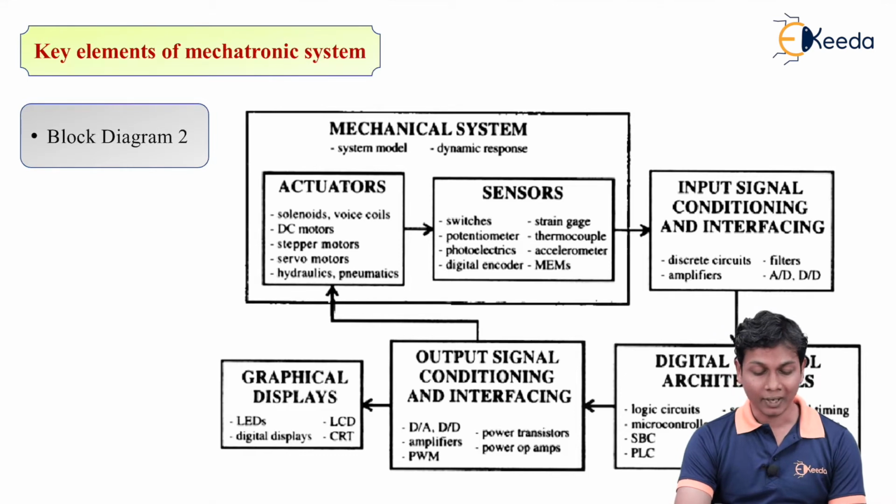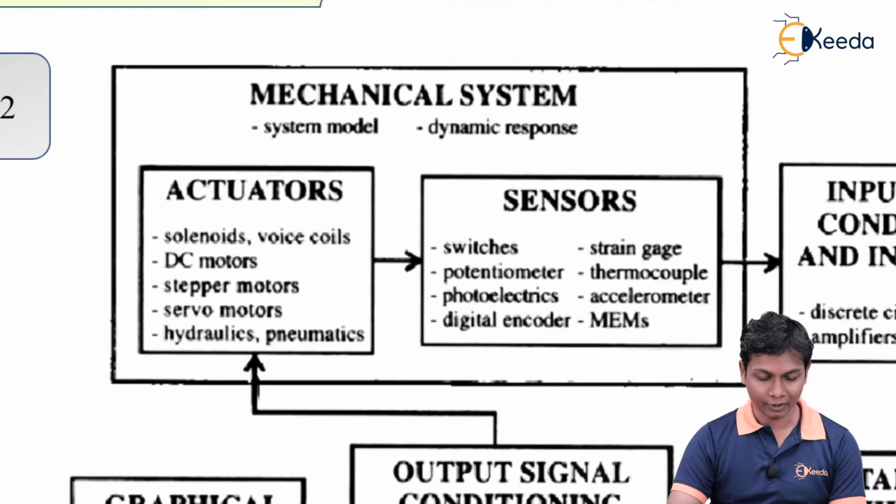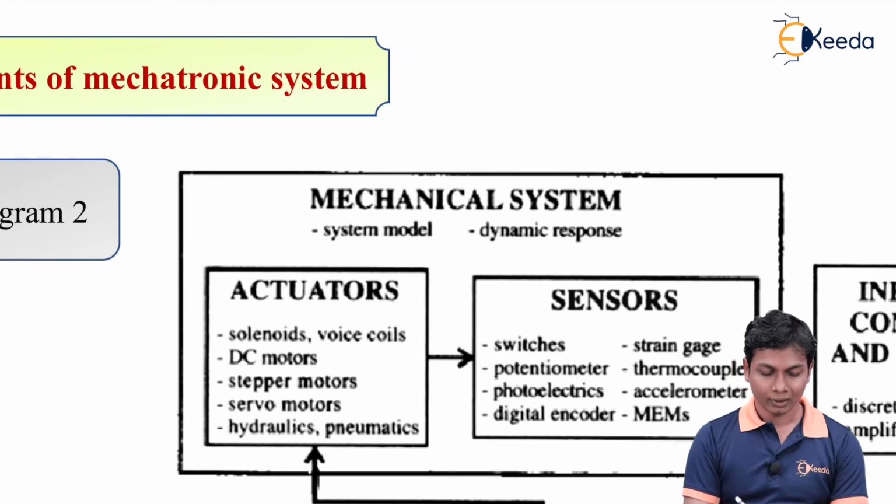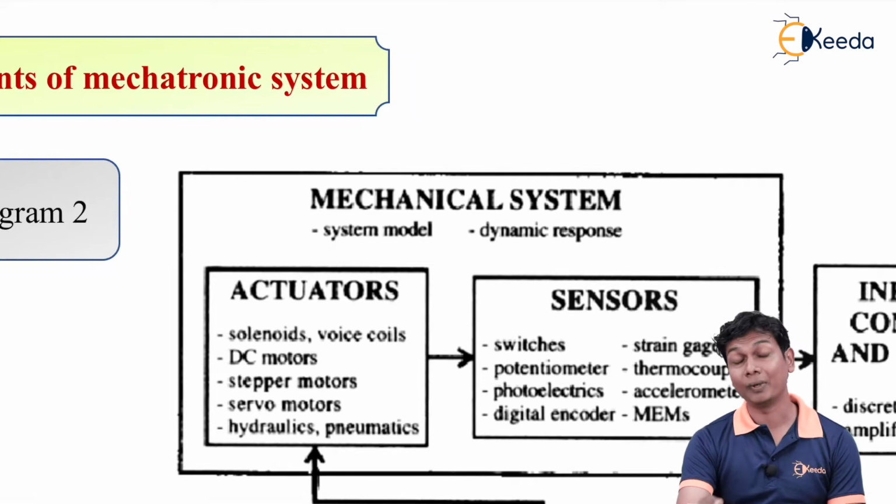Now, mechanical systems, where actuators and sensors are included. Actuators and sensors both work simultaneously. That means whatever physical parameter is there, like temperature, light or other parameters, is sensed.